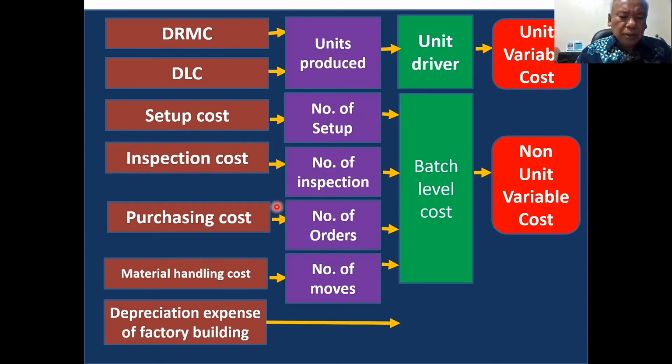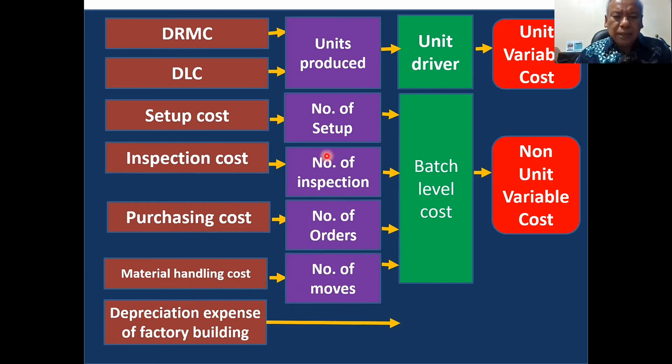Purchasing costs are actually the same. If we link to the number of orders, the more orders, the more purchasing costs. Material handling costs also change if we link to the number of moves.